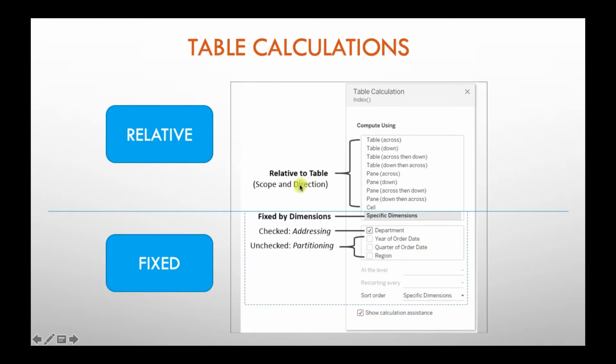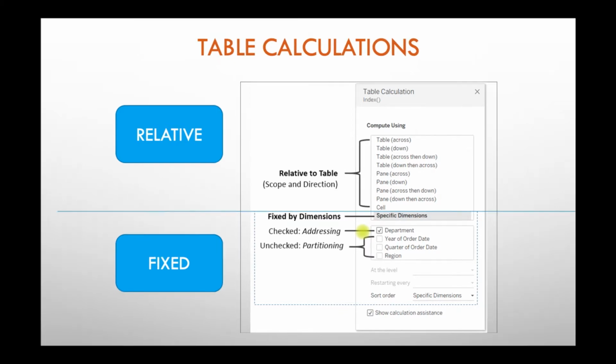In the same way, we had direction, which was relative, so we had across, down and so on. But now, since you are fixing it by dimension, that is called addressing, and addressing by which dimension, which field. This is the core concept of relative versus fixed in table calculations. Now let's go to Tableau and understand this in depth.